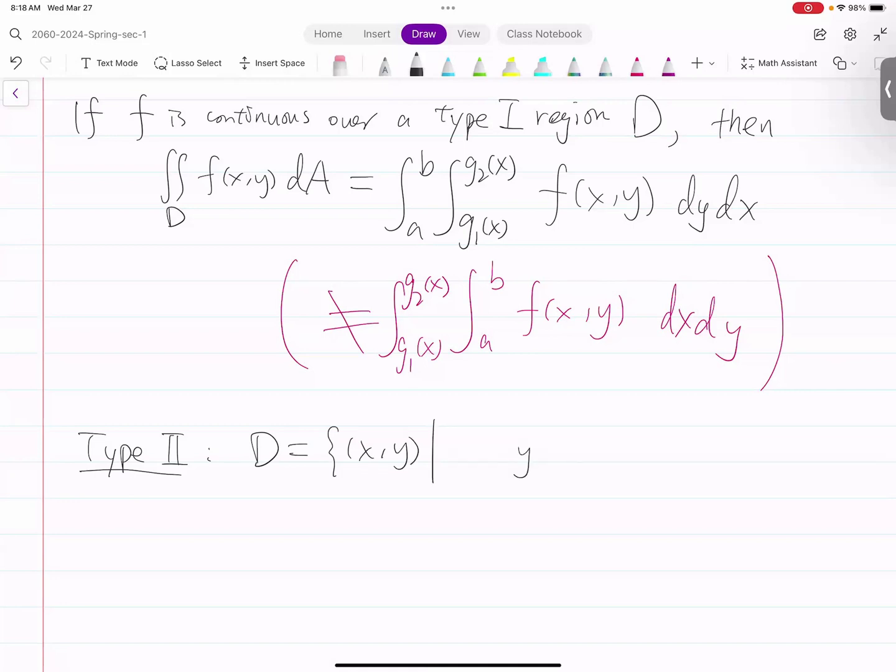So y is now cut between c and d, but then x is bounded below and above by h1 of y and h2 of y. The upper bound is h2. Now you see, of course, when you define x, you need the function of y.